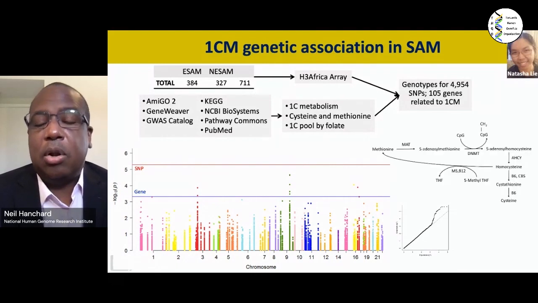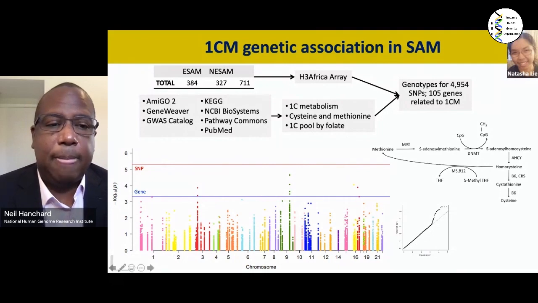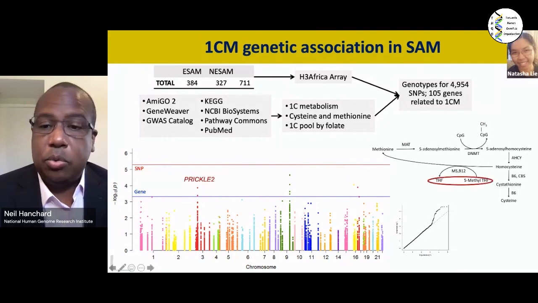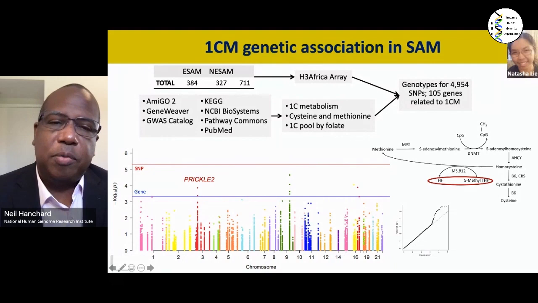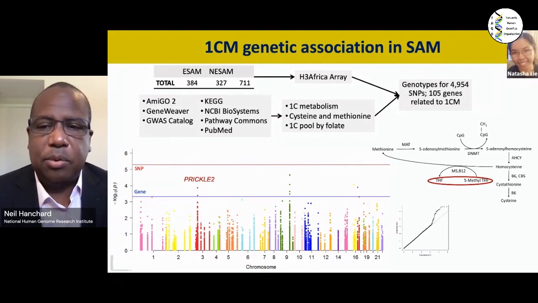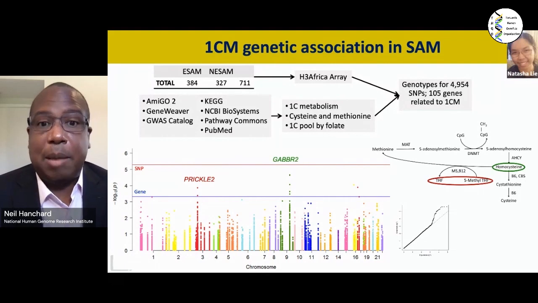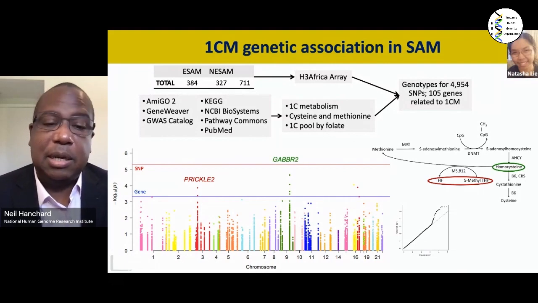All of these loci are going to be related to 1-carbon metabolism in some way. PRCL2 is the first one. The exact role of PRCL2 is not precisely known, but as a locus, it's certainly been associated with folate levels and replicated as such. GABBR2 is actually a GABA receptor, but it's the same idea: the upstream region as a locus has been associated with homocysteine levels fairly consistently.